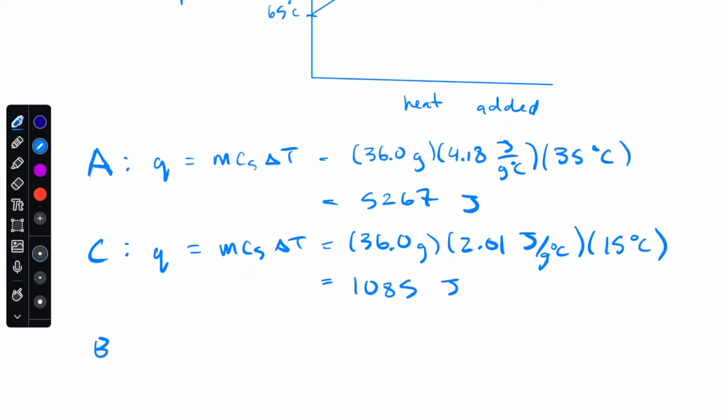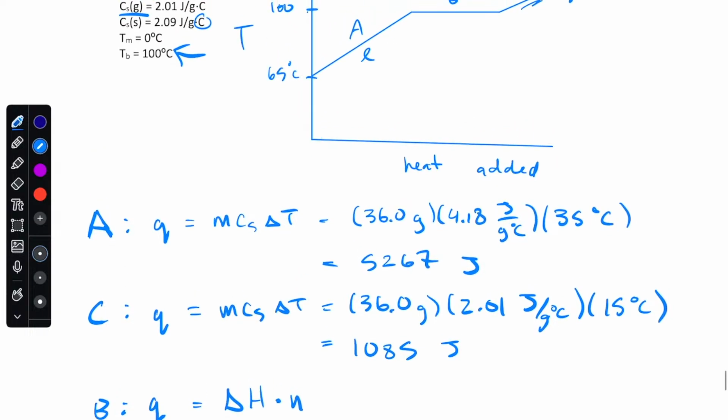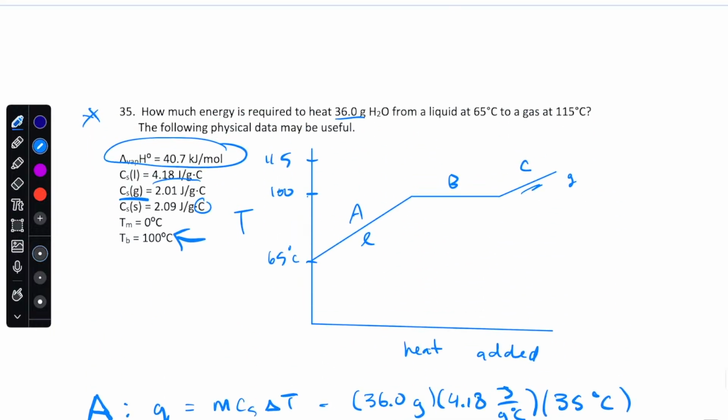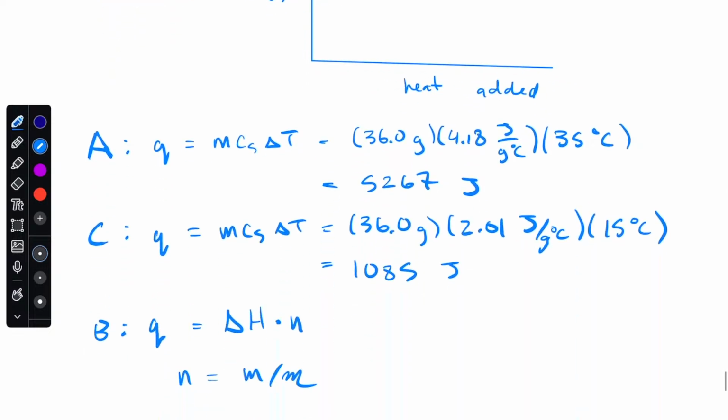So for part B, Q is going to be equal to ΔH times n, and we have ΔH vap provided to us, but we don't have n, right? Well, we can get n, no problem. It's mass over molar mass, because they do give us the mass, which is 36, and water formula, we can get the molar mass for that.